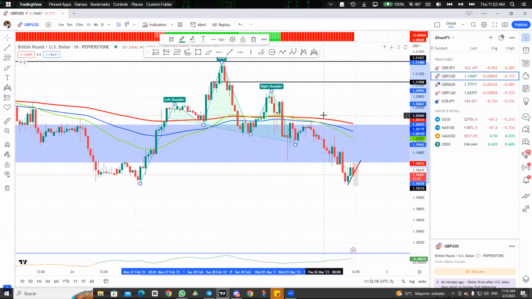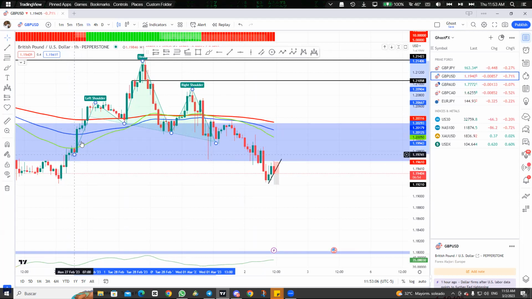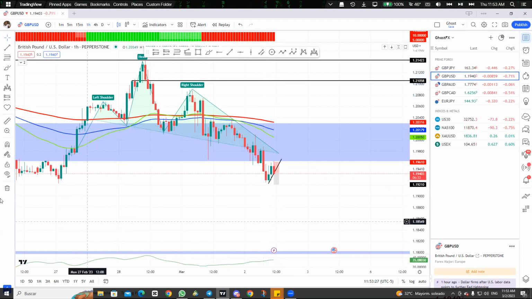Looks like a head and shoulder, but it's not. It could be.